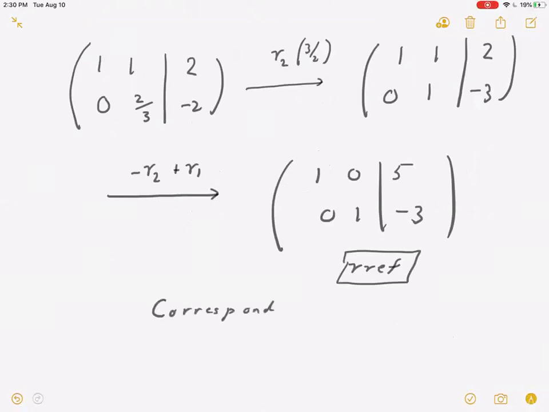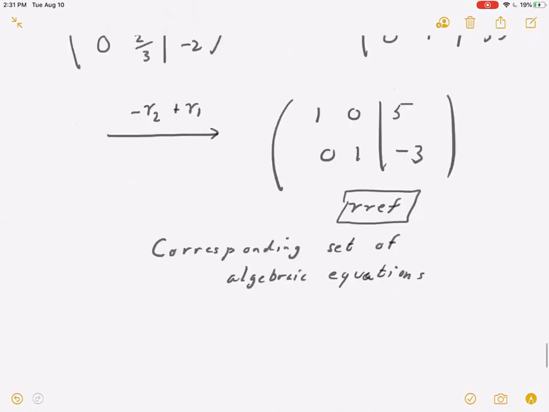So the corresponding set of algebraic equations can be written down starting from the bottom, working our way up. A asterisk sub 2 will be -3.